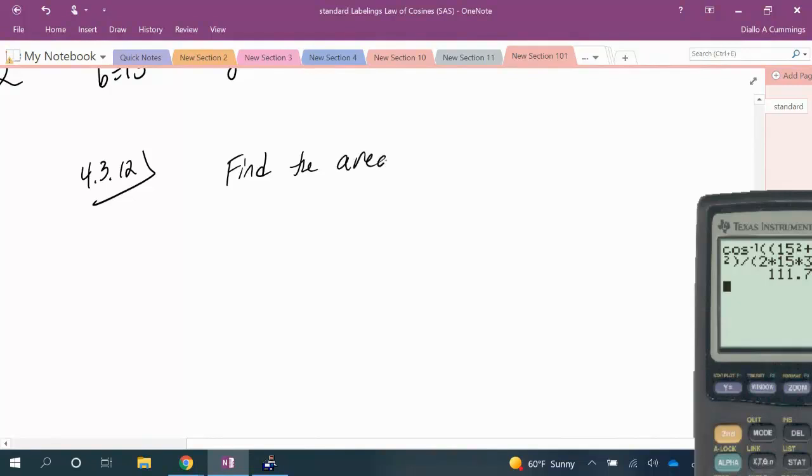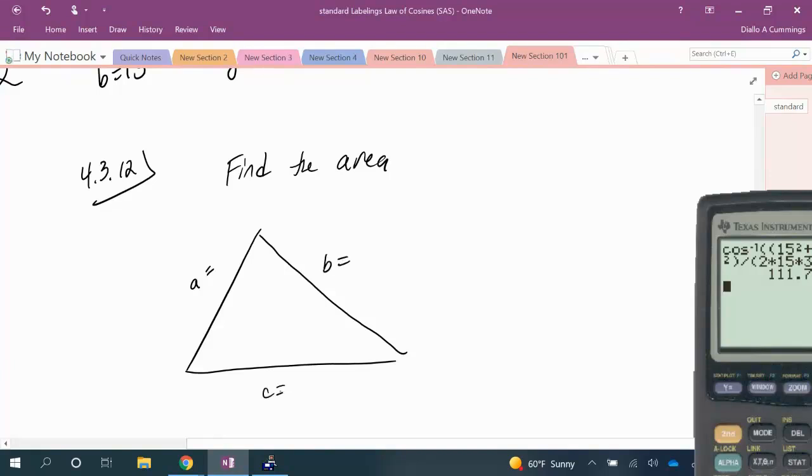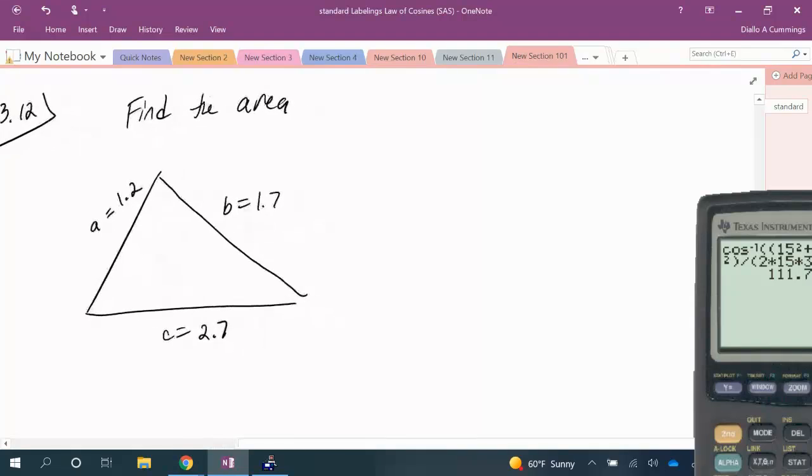Find the area. So this is A, this is B, and this is C, right? So A is 1.2, B is 1.7, and C is 2.7.